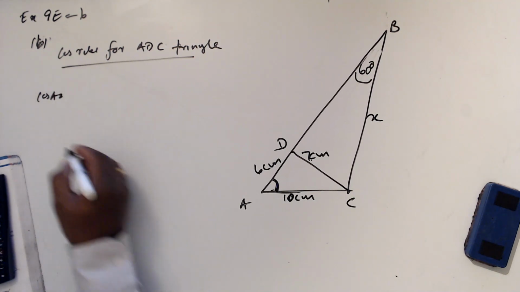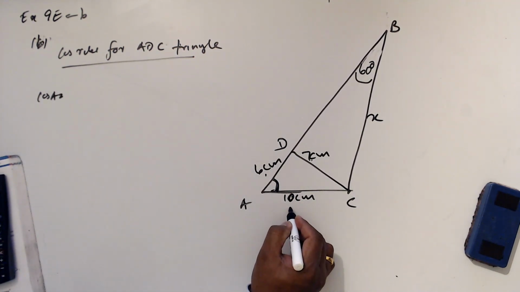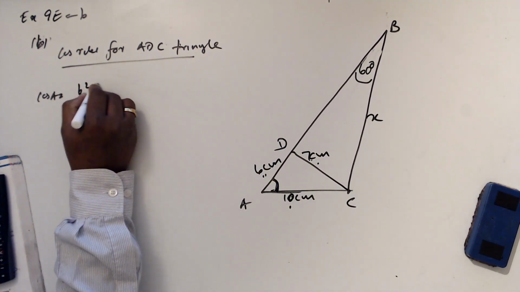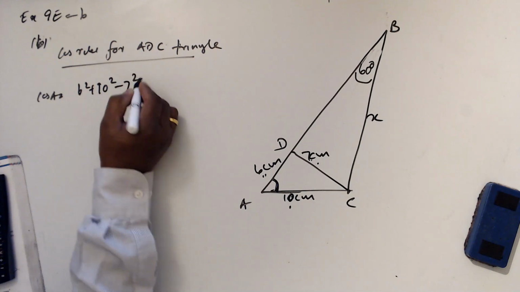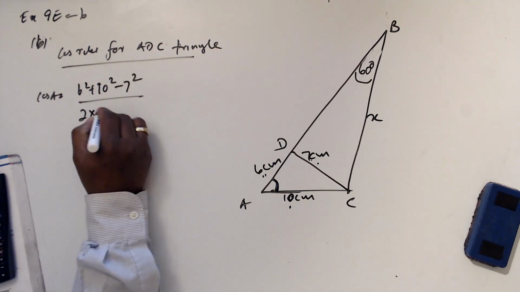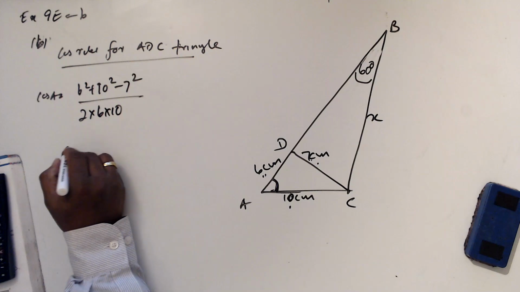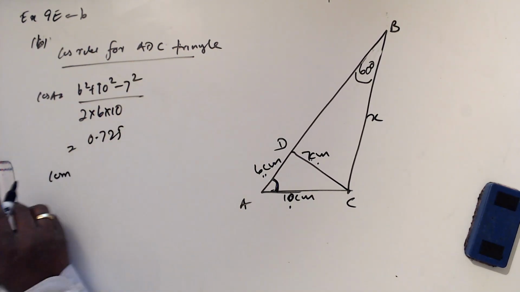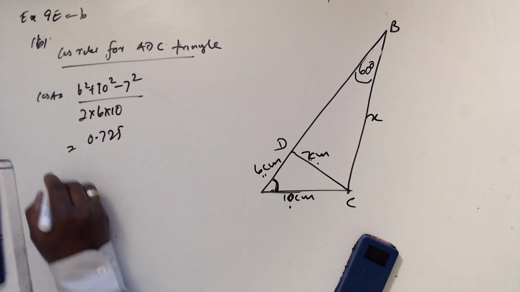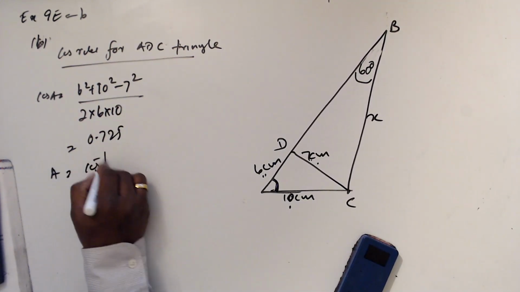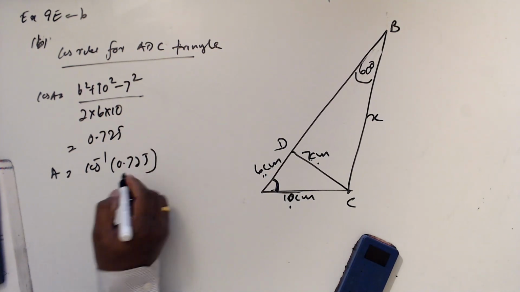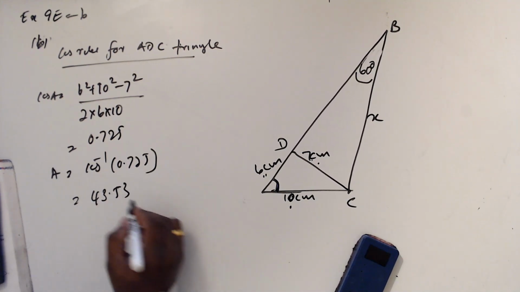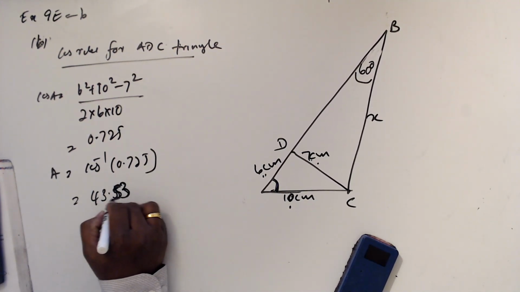Cos A is this square minus this square plus this square minus 7 square, over 2 times 6 times 10, which is 0.725. Then A is cos inverse 0.725, which is 43.53.